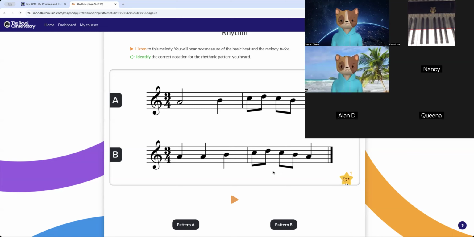Okay, Asin, you want to do A or B? B. Sure. Oh, I cannot hear you.